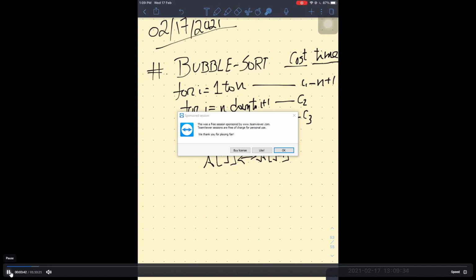Okay, then for the next line, the cost is summation i equals 1 to n of i. Can anyone explain why it is summation i equals 1 to n of i?